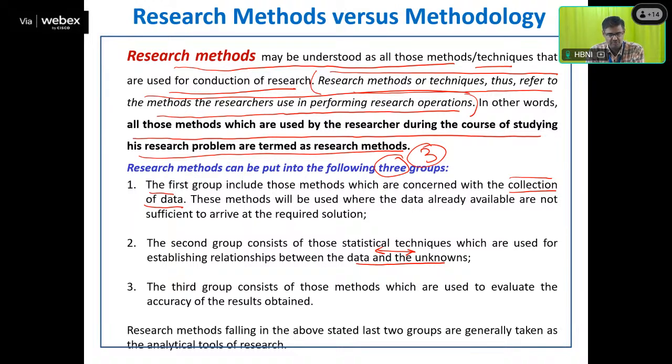For example, those who do electrochemical studies are familiar with something known as the Randles-Sevcik equation. I'm giving examples from electrochemistry, otherwise it becomes difficult. You measure the cyclic voltammetry pattern, the CV pattern. So first is the collection of data.